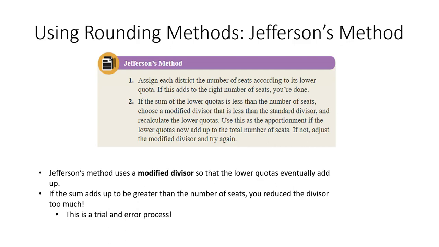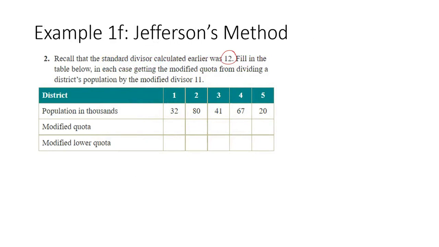So let's try Jefferson's method. Before we had used a standard divisor of 12, now we're going to modify the divisor and divide every number by 11. It's less than the standard divisor, and we're going to see what values we get. So the modified quotas here are just the numbers divided by 11: 32 divided by 11, 2.91, 80 divided by 11, 7.27, 41 divided by 11, 3.72, 67 divided by 11, 6.09, 20 divided by 11, 1.82.